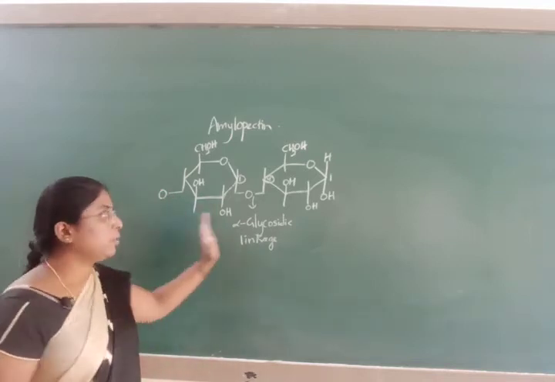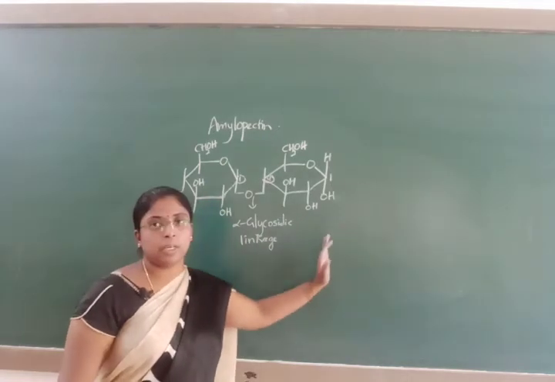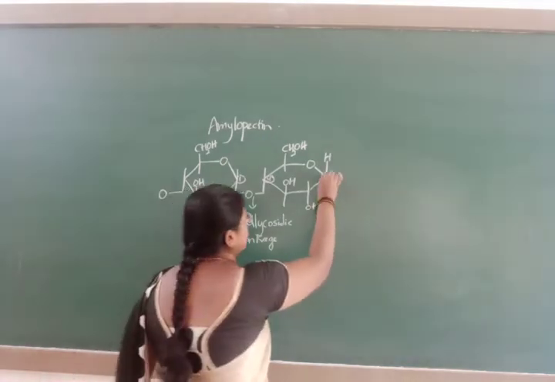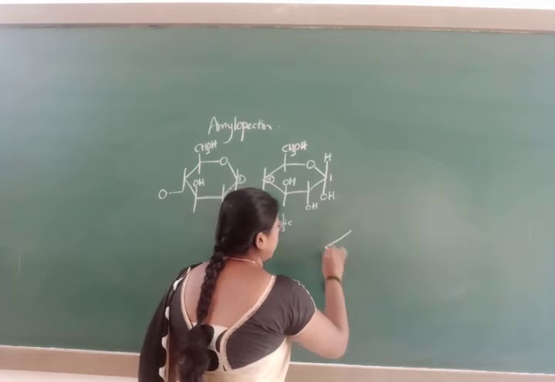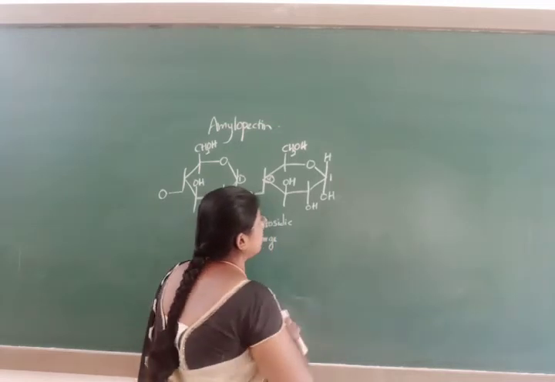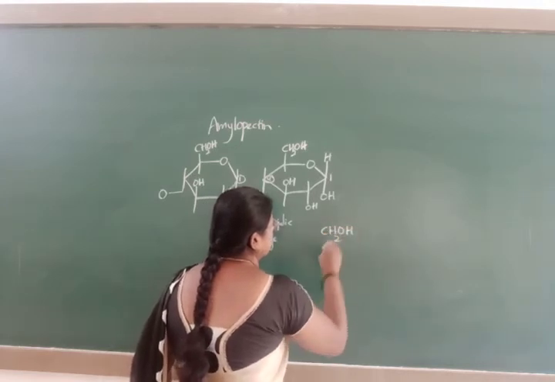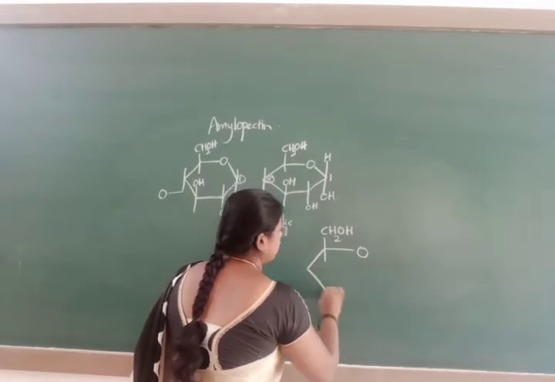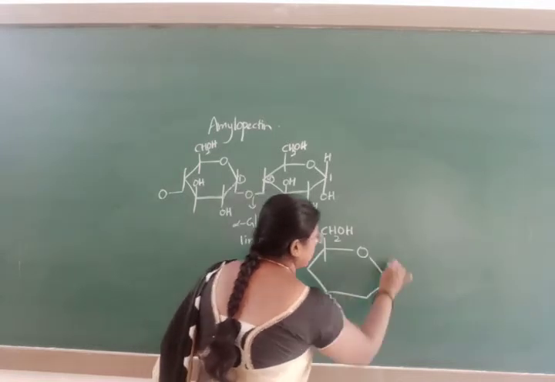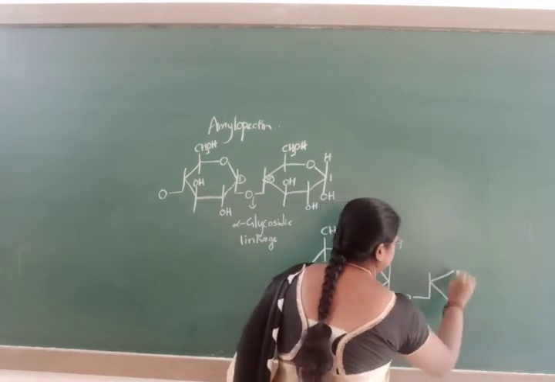After 20 to 30 alpha glucose units, the branching occurs between this first carbon atom and the sixth carbon atom. This is the sixth carbon atom. Here continuous will be the alpha glucose units.